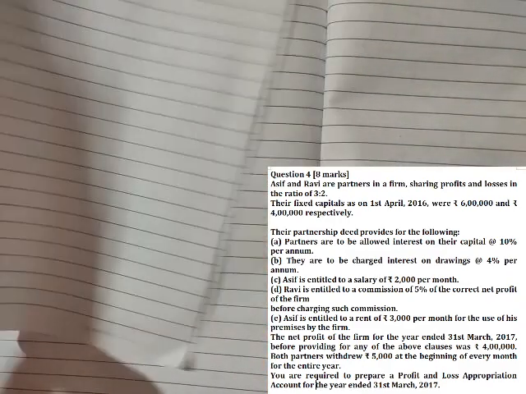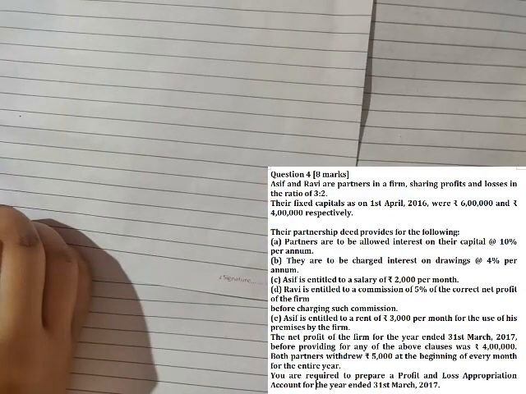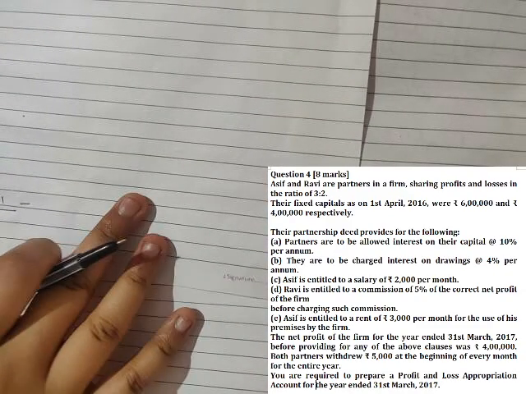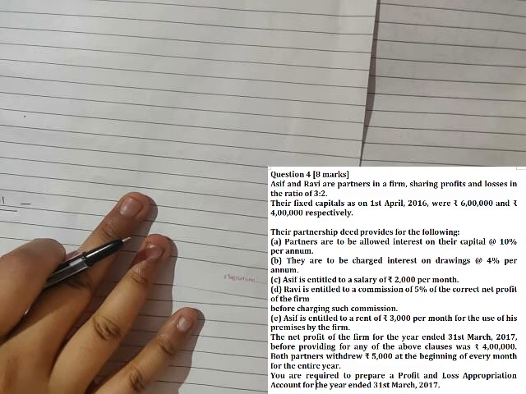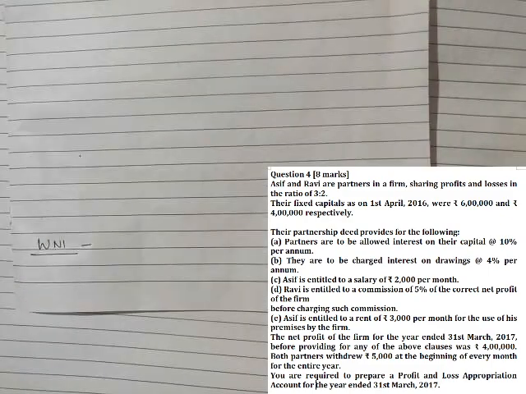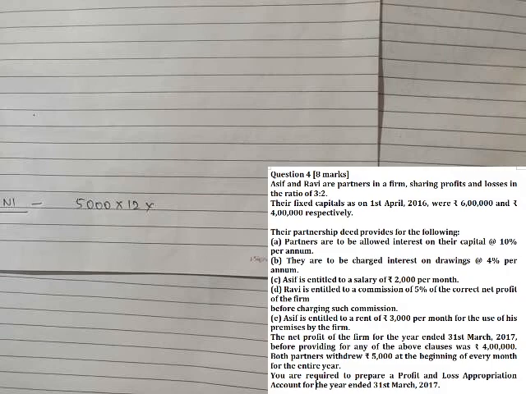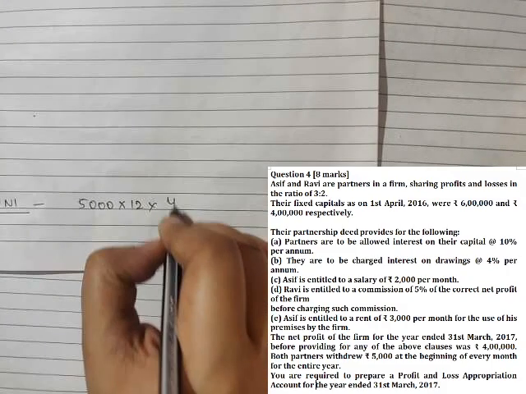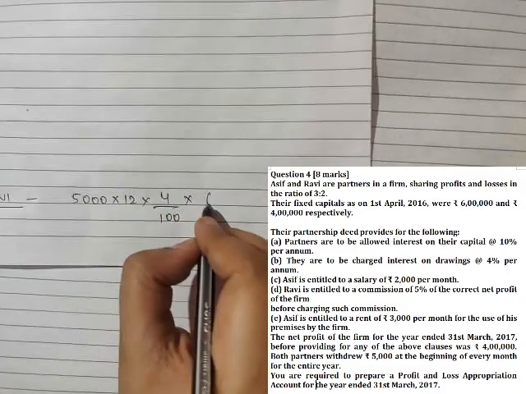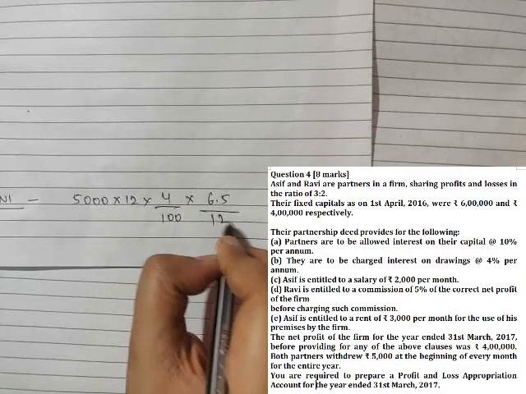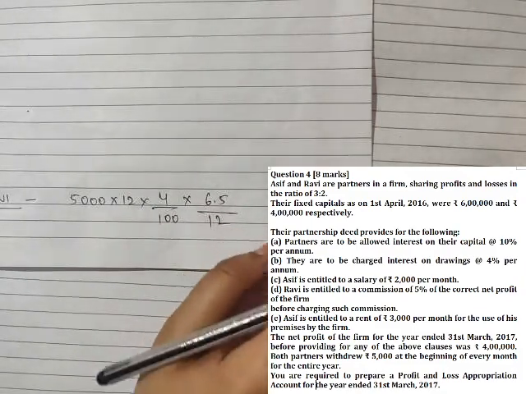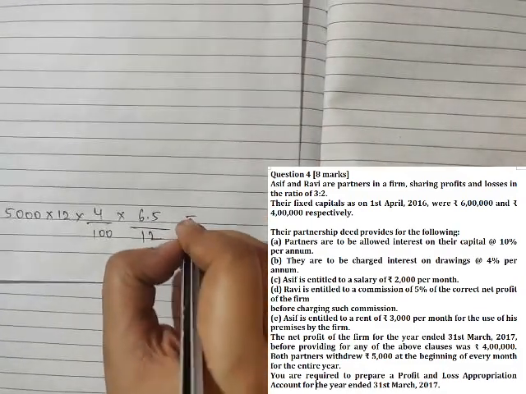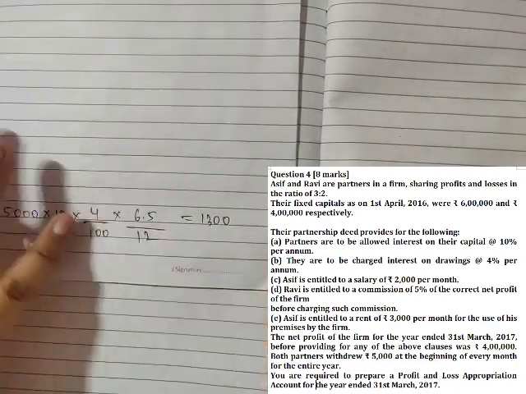So the interest on drawings will be calculated as 5,000 per month into 12 months, giving us 60,000 rupees, into 4% is the interest rate, for an average of 6.5 months, giving us 1,300 rupees.